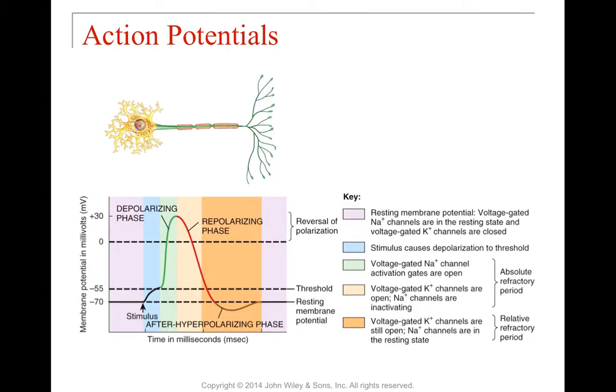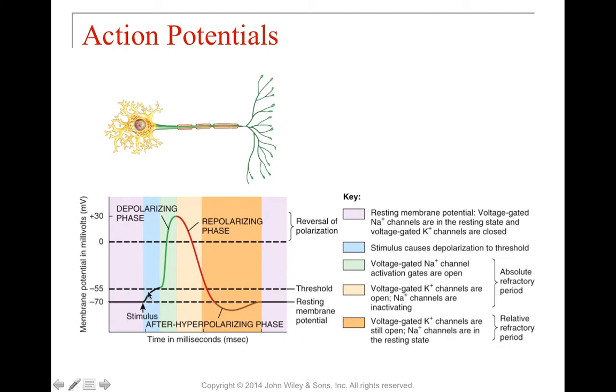Okay, so we have several different phases of this action potential. So negative 70 is our baseline. Okay? And negative 70 to negative 55 is considered underneath the threshold. So any stimulus that's going to make this trigger occur has to get past the negative 55 mark. Once it hits the negative 55 mark, then we end up opening up sodium channels and potassium channels, right?